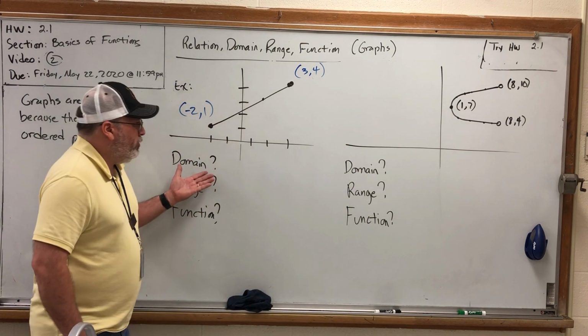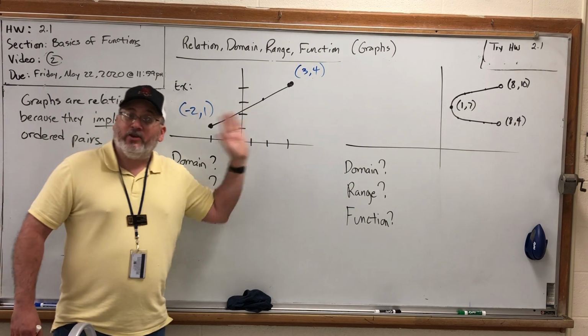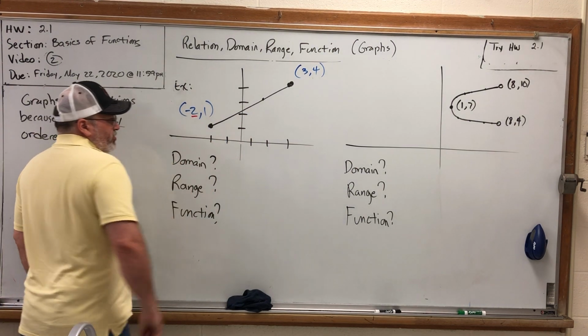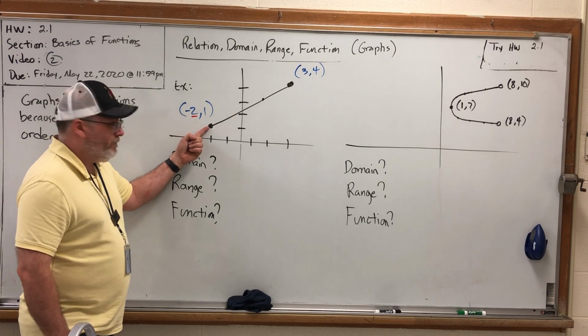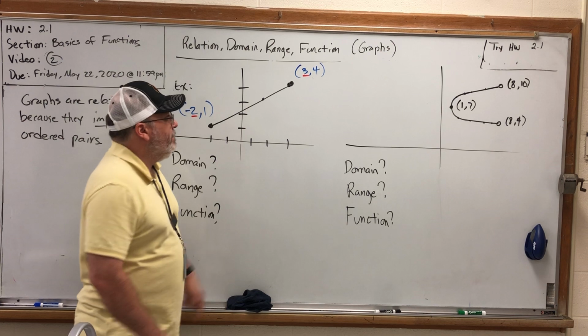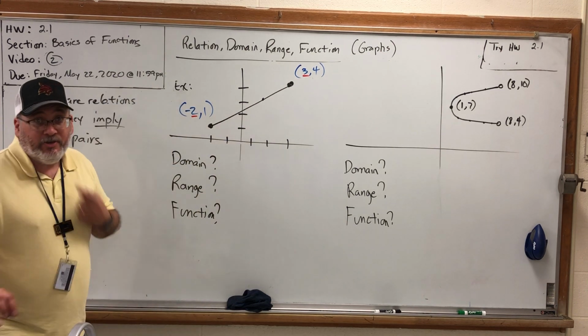I'm asking you what's the domain. So I'm asking you what are all the first coordinates, or all the x coordinates, on this graph. Well, one of the domain elements, of course, is -2 because it's the first coordinate for this point's ordered pair. And one of the domain elements is 3 because it's the first coordinate for this point's ordered pair. But are those the only domain elements?